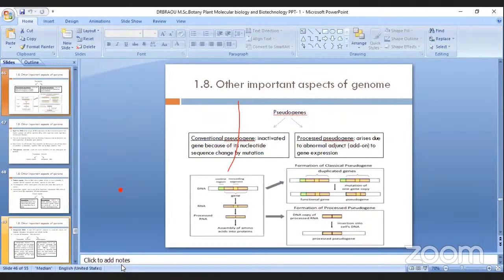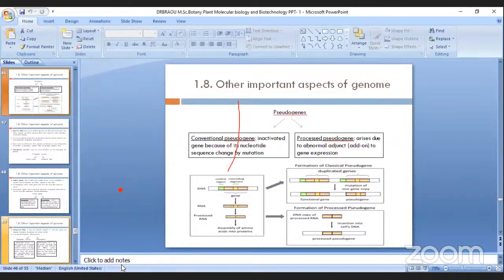There are two types of pseudogenes. First is the conventional pseudogene, and second is the processed pseudogene. What is a conventional pseudogene? It is a gene inactivated because of a change in its nucleotide sequence, which might be due to mutation.